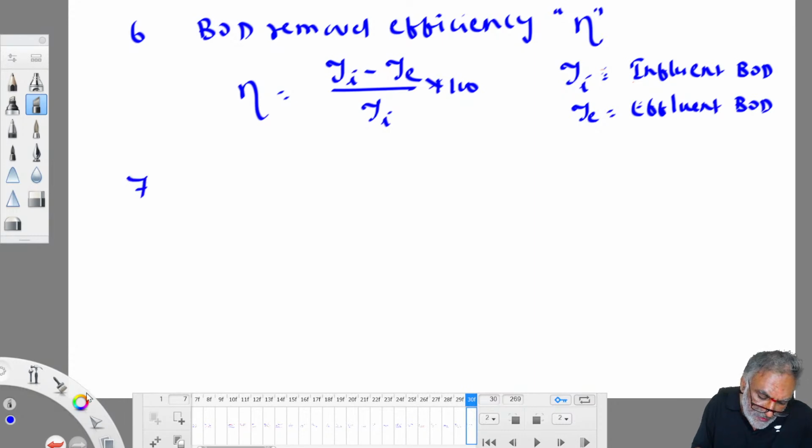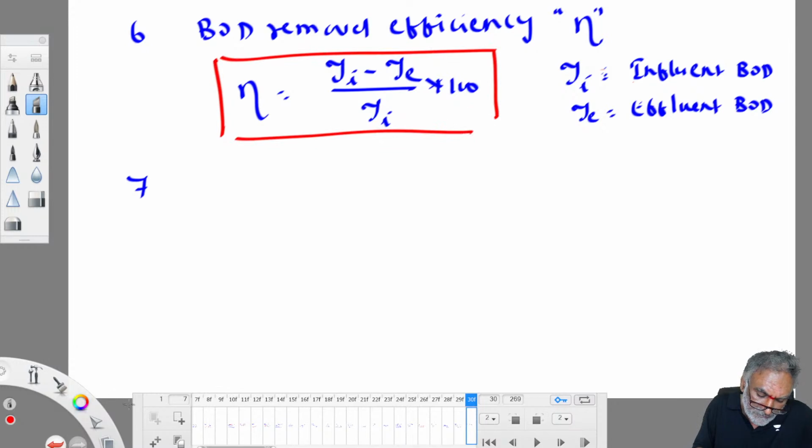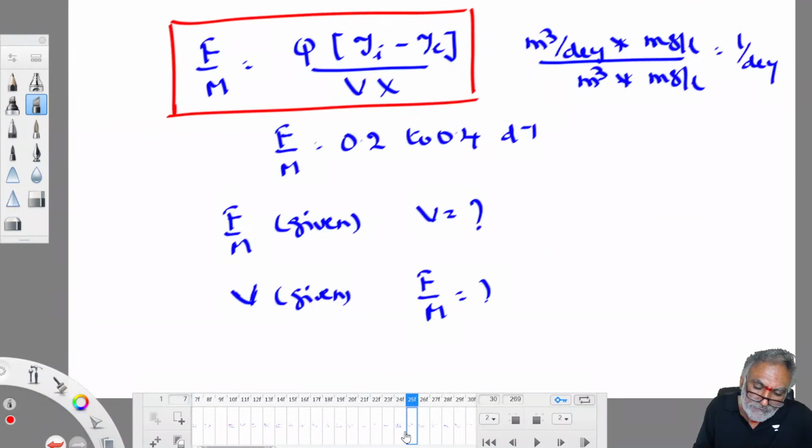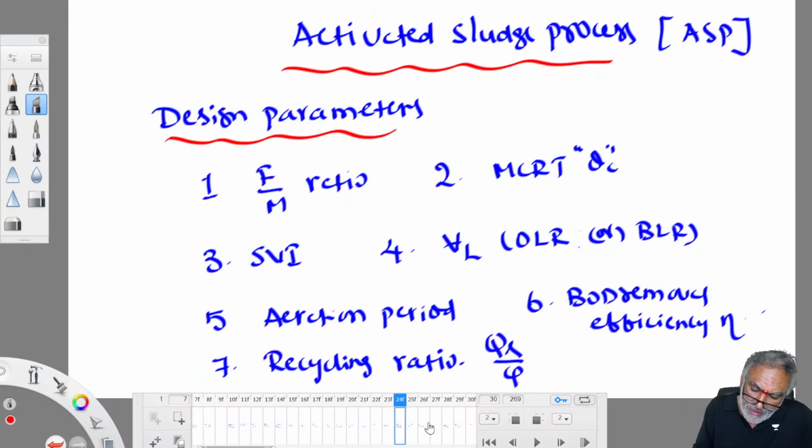Seventh parameter. What is the seventh one? Recycling ratio.